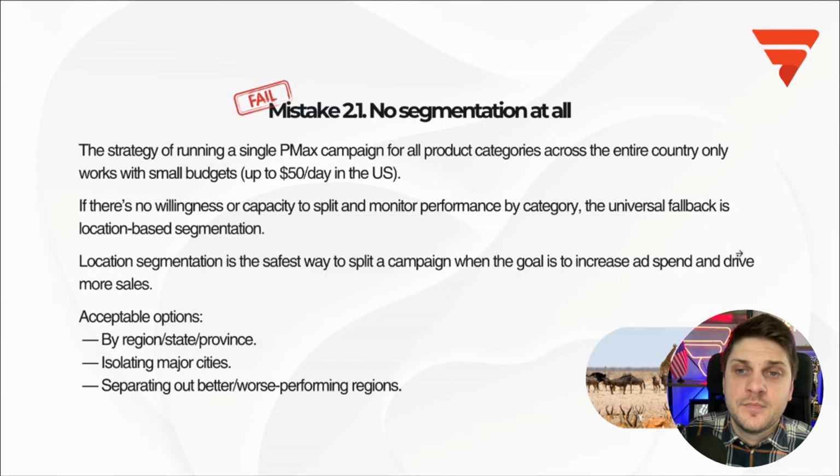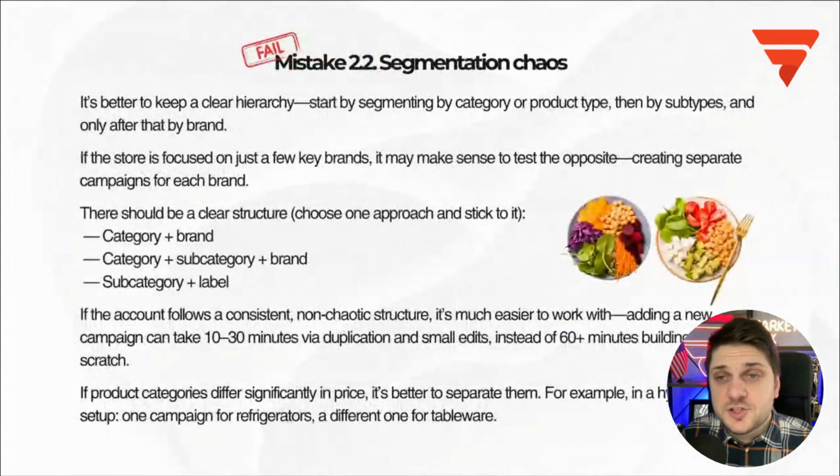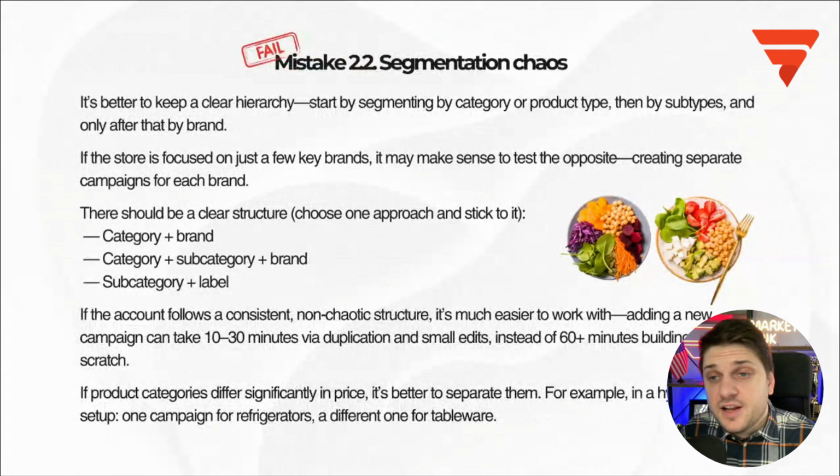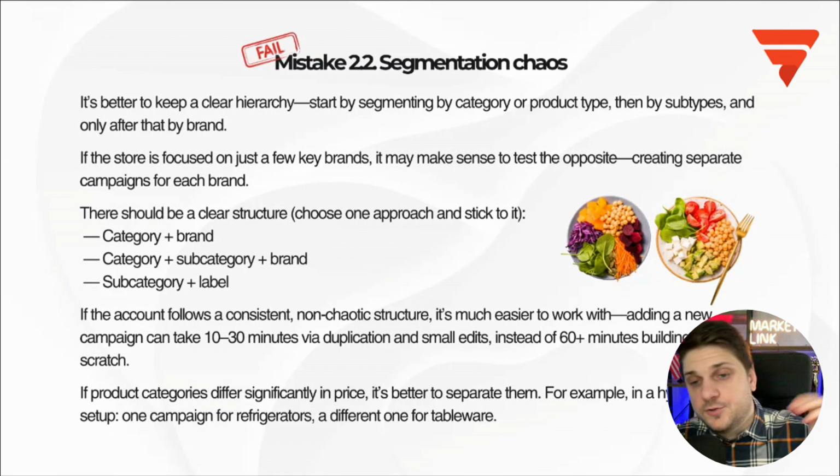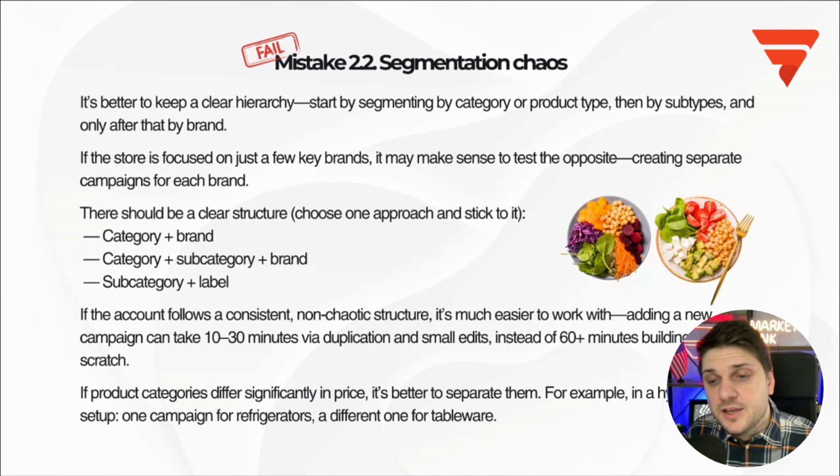The second segmentation mistake is chaos. If one campaign is structured by name, another by category, another with multiplying, you may have a situation where different products are in different campaigns, and if one product is in different campaigns, you will overpay cost per click, because Google will think about which campaign to use, from which campaign Google can make more money, and this is why it's not okay.